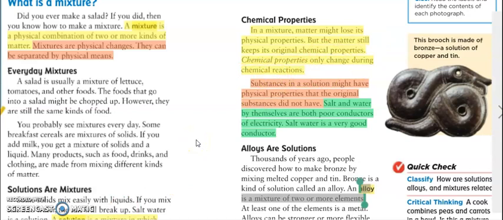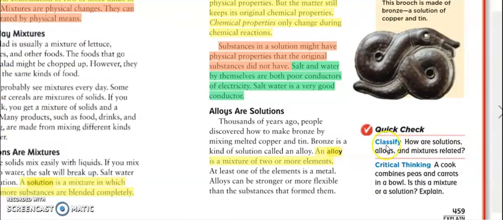Substances in a solution might have physical properties that the original substances did not have. For example, salt and water by themselves are both poor conductors of electricity, but salt water is a very good conductor.